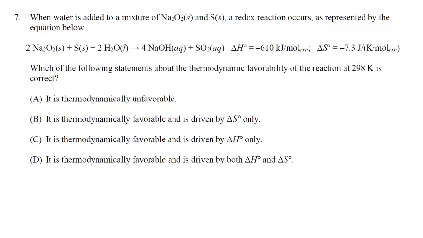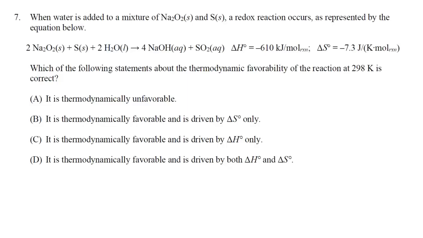Now let's take a look at question 7. In question 7, it says, when water is added to a mixture of solid sodium peroxide, Na2O2, and solid sulfur, a redox reaction occurs as represented by the equation below. So in addition to the balanced chemical equation, we are also given the value of delta H and the value of delta S for this reaction.